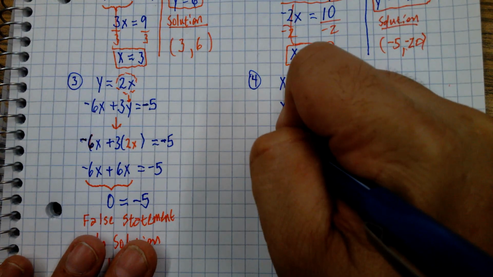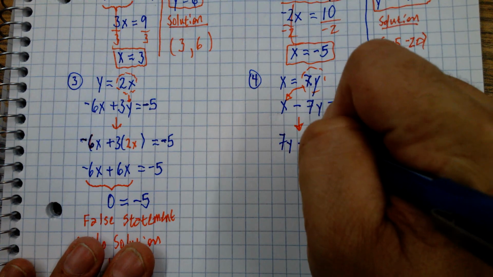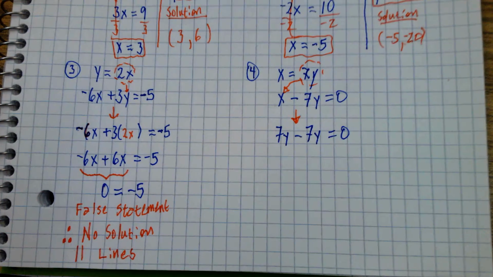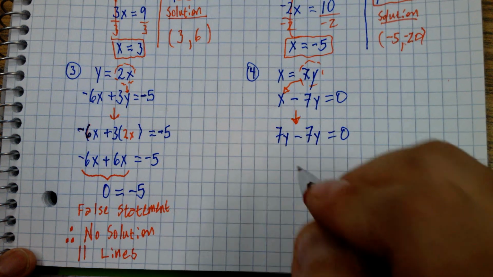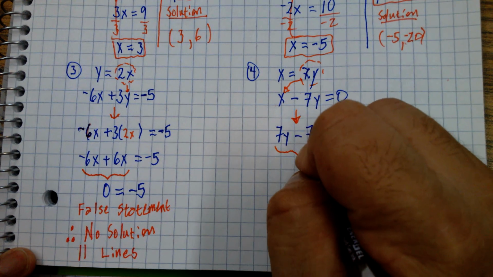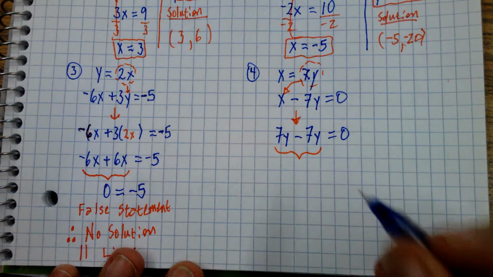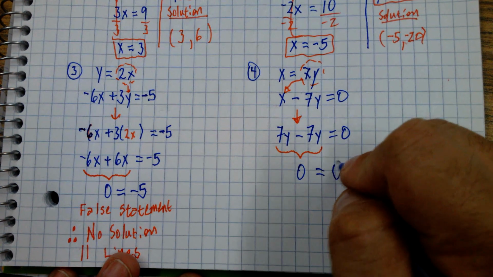So here we go. 7y take away 7y equals 0. Do you notice it cancels again? All of this becomes just 0 equals 0.